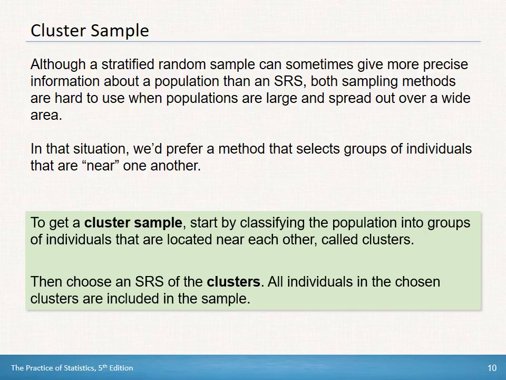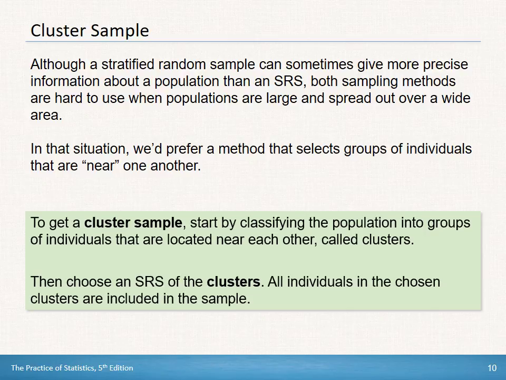So for example, if I am a political analyst and I'm looking to survey people about politics, I'm probably not going to separate my people into strata, because I'm not going to look at them and say, well, you guys are all brown-eyed and you guys are all blue-eyed, and I'm going to ask you which candidate you like, because that's probably not going to affect which candidate they're going to go for.